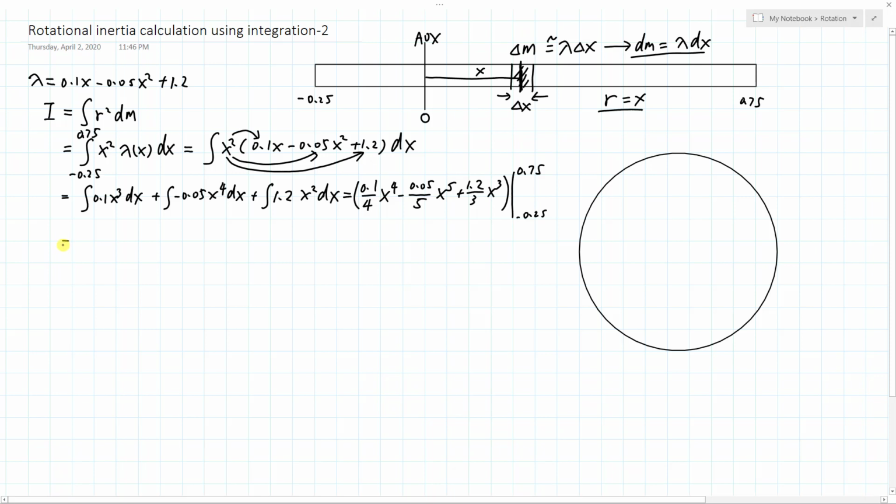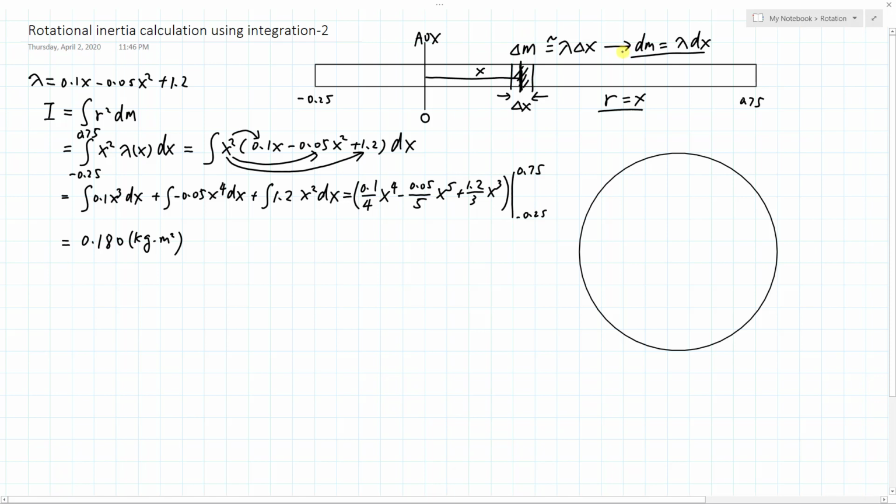Okay, so we're back. After substitution, we have 0.180, and let's use kilogram meter squared as the unit. Just as a review, first I picked an arbitrary cut. This arbitrary cut contains some mass, and I turned the mass into linear density times the width of that cut.